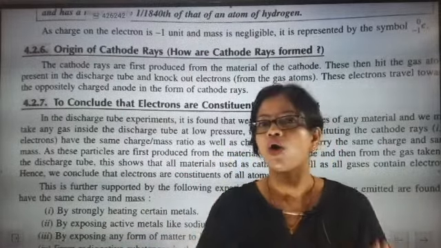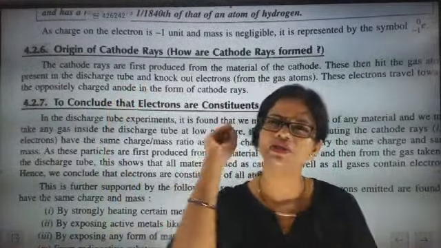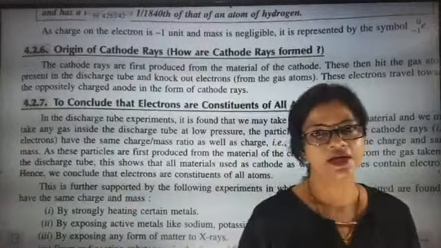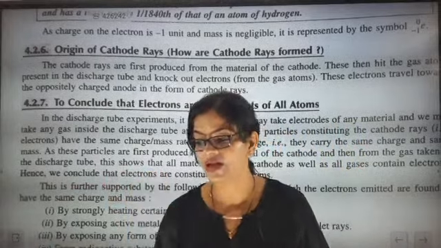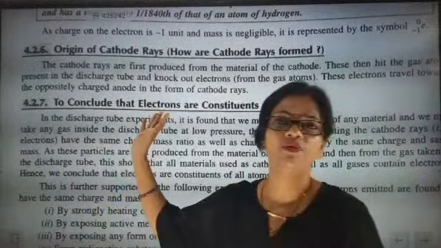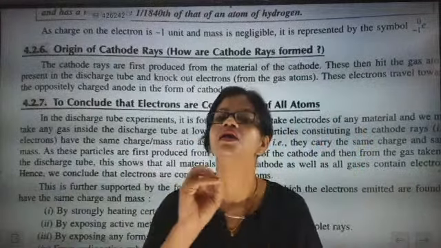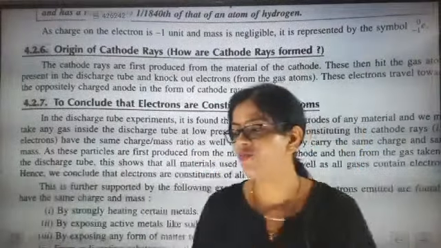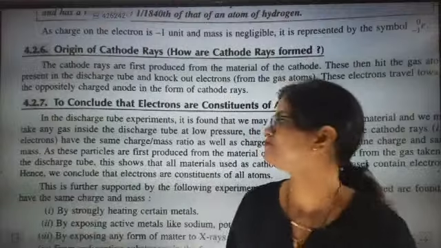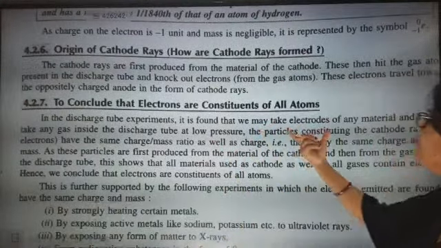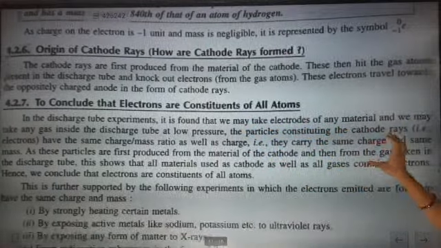Not one atom, all the different types of atoms like hydrogen, helium, lithium, beryllium, all have electrons.